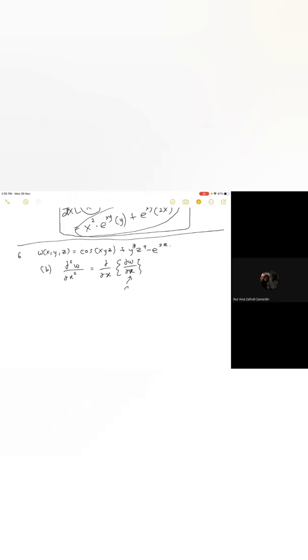So this is first. We find del w over del x. Okay, so when we want to differentiate with respect to x, now we have two constants. Y and z will be constants.